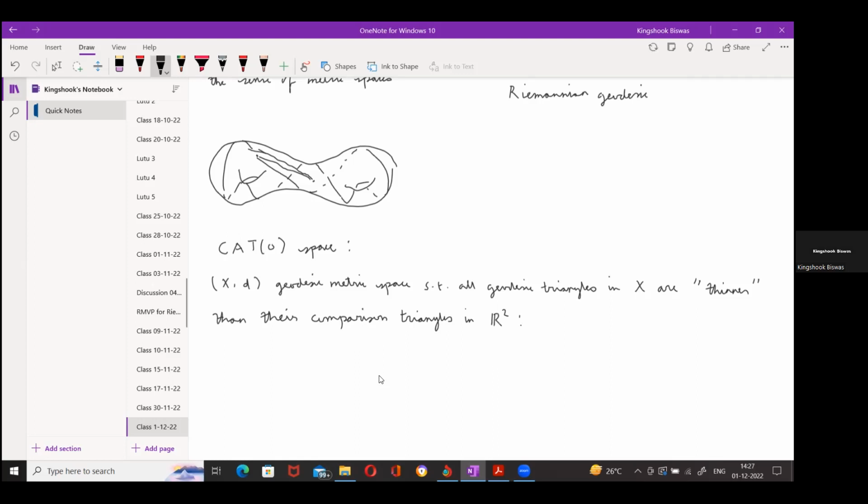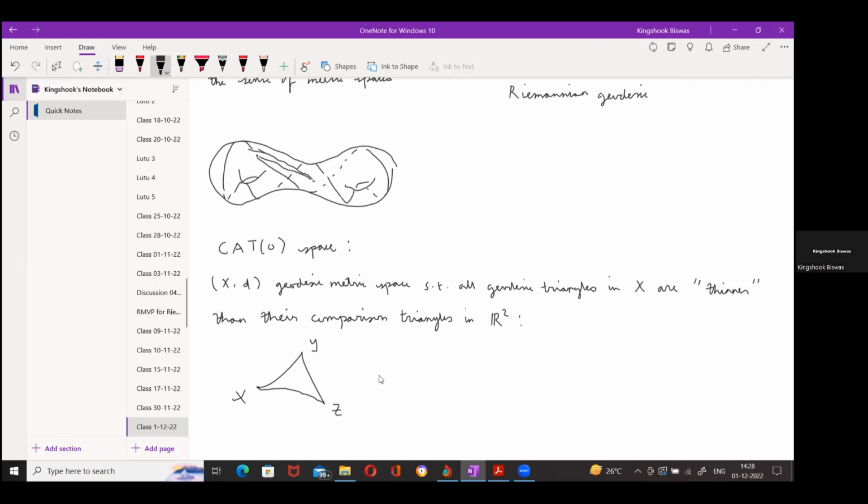So this means the following. A geodesic triangle means a triple of geodesic segments whose endpoints match up. So you have three vertices X, Y, Z. Corresponding to this geodesic triangle, there is what is called a comparison triangle.